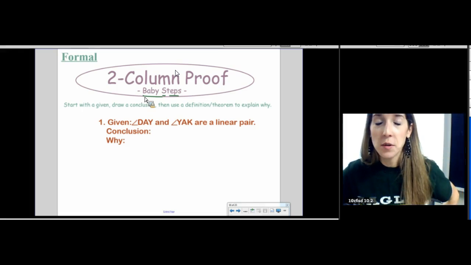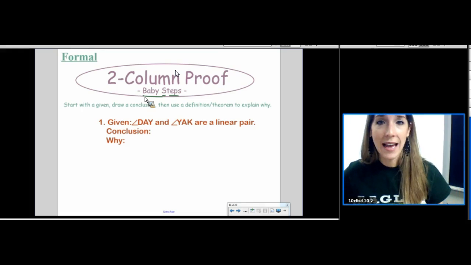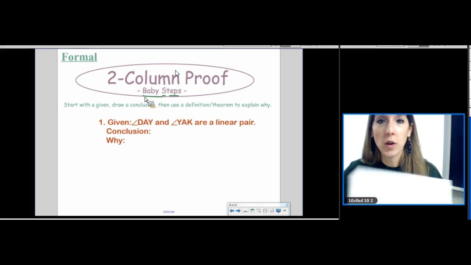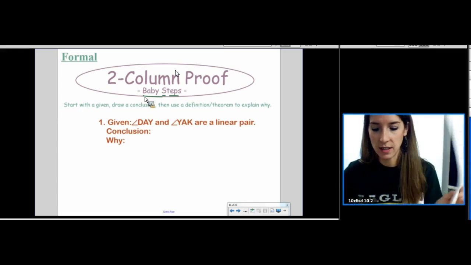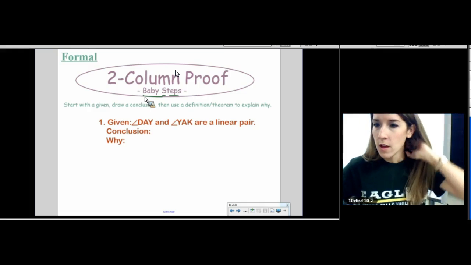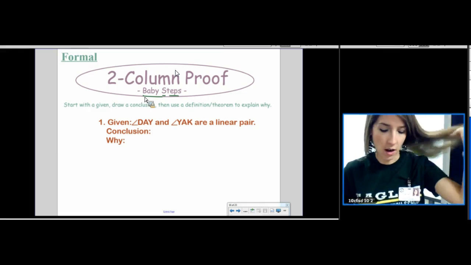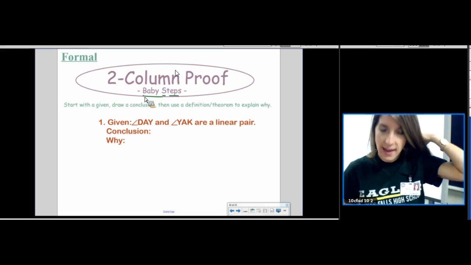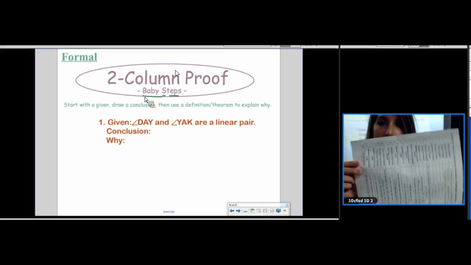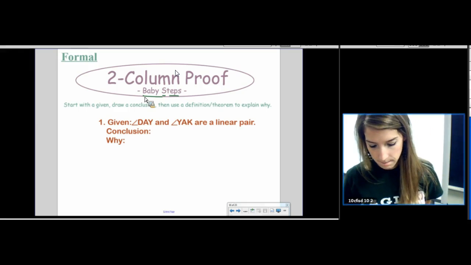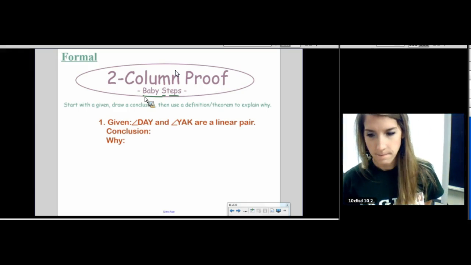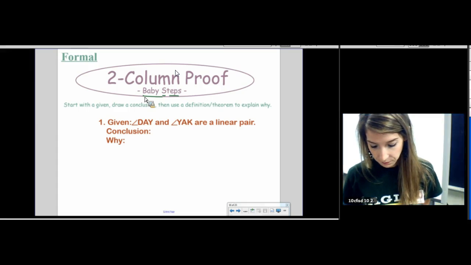All right. So I'm going to give you the given. You need to come up with a conclusion, and then you need to back it up. You can't just back it up with your own words. You need to back it up with something from the master list. Okay. Angle day and angle yak are a linear pair. So you're looking here at what it says about linear pairs. Do you see something that talks about linear pairs? Number 23. What does number 23 say?